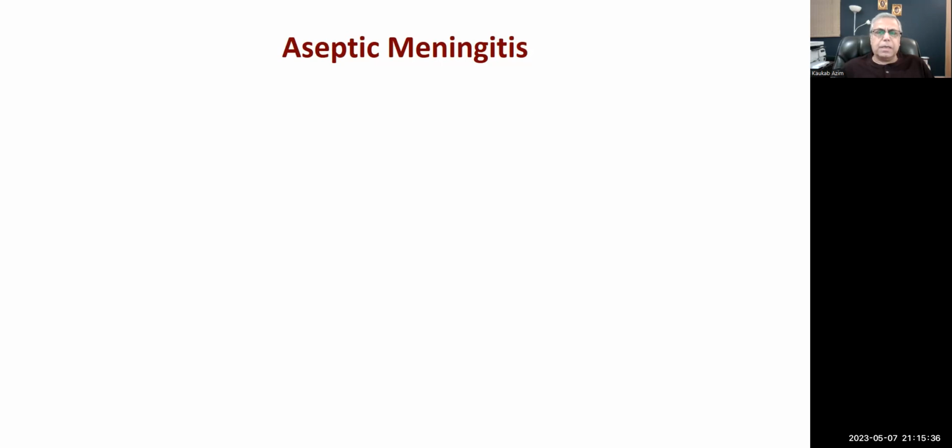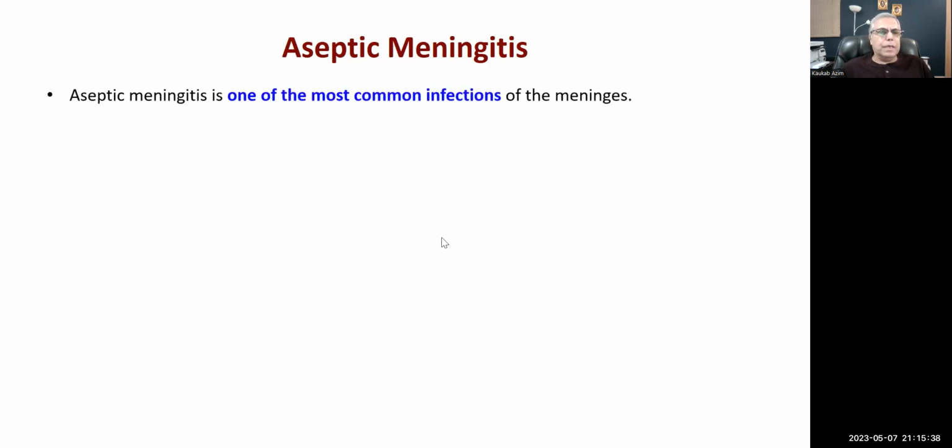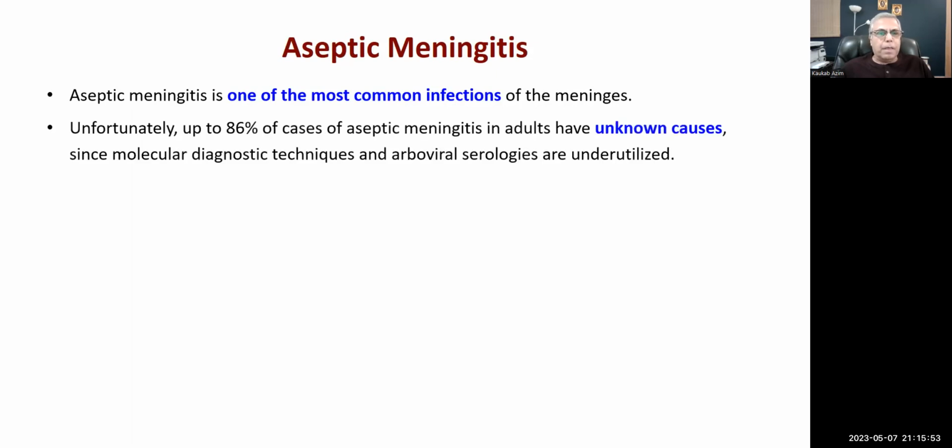Aseptic meningitis, I've already described to you. It is one of the most common infections. The only thing is we have not been able to identify the organism. That is why we are calling it aseptic meningitis.